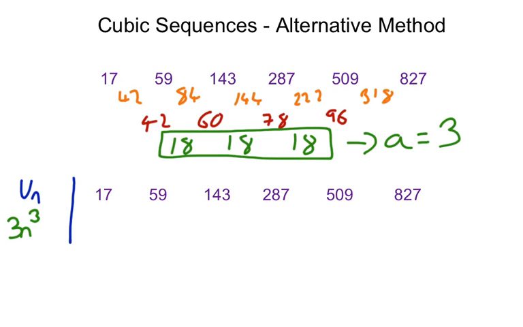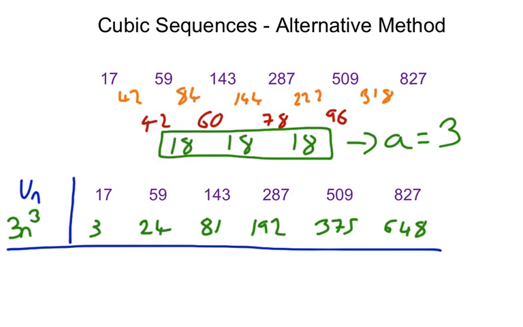Now 3n cubed is equal to 3, 24, 3 times 3 cubed is 81, 3 times 4 cubed is 192, 3 times 5 cubed is 375, and 3 times 6 cubed is 648.